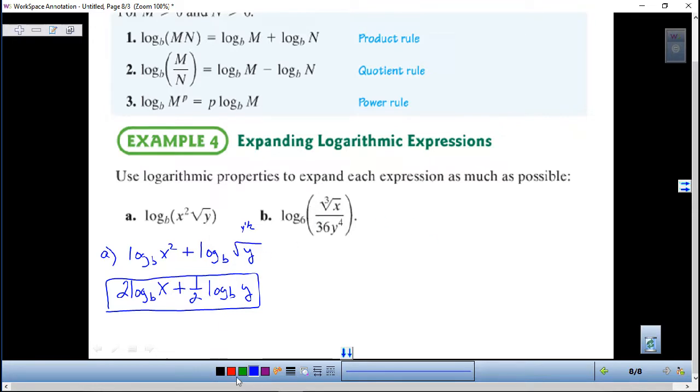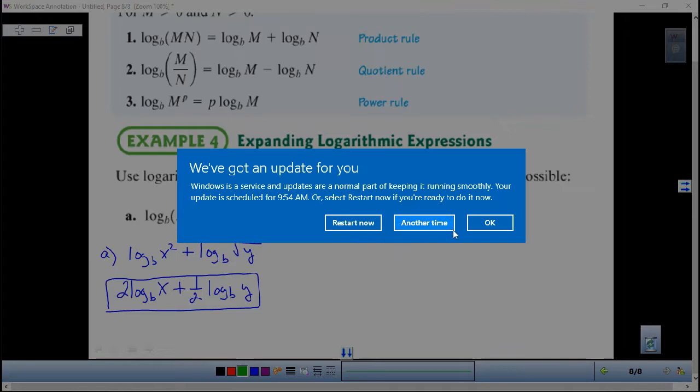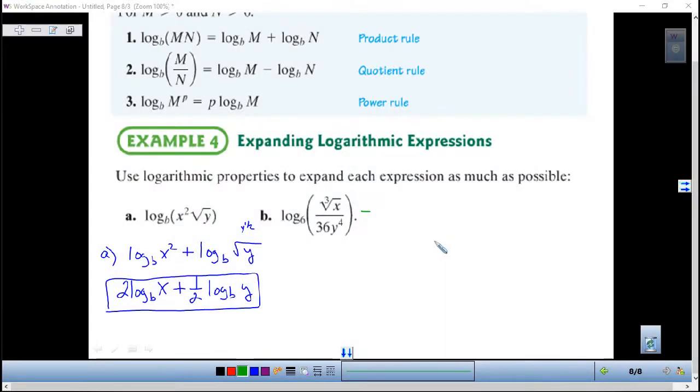All right, so let's do b. Sorry about that. So we've got log base 6 of the cube root of x over 36y to the 4th. Now we got quite a bit of stuff to do here, but the very first thing we need to deal with is our quotient.